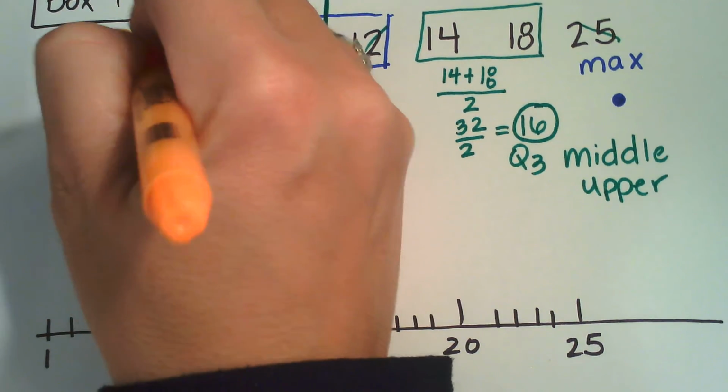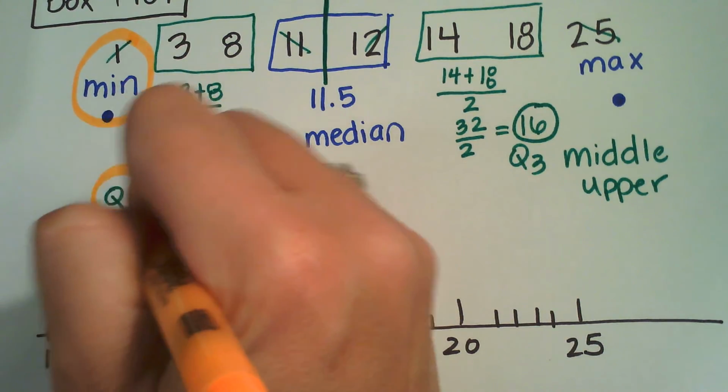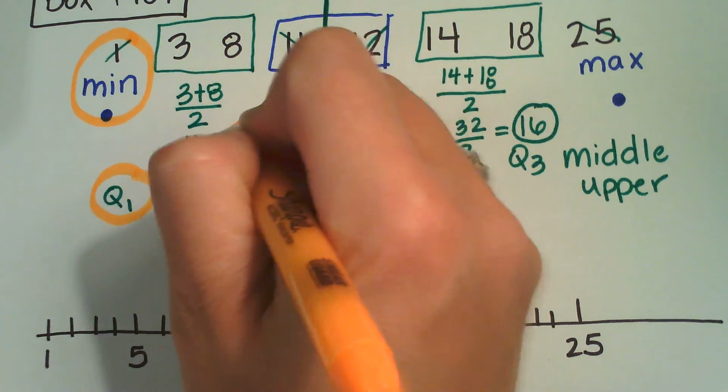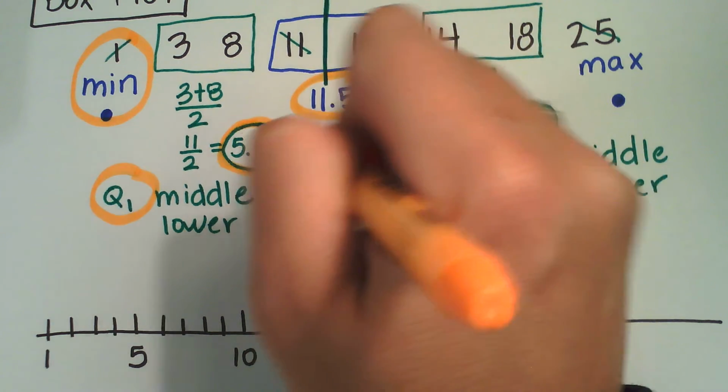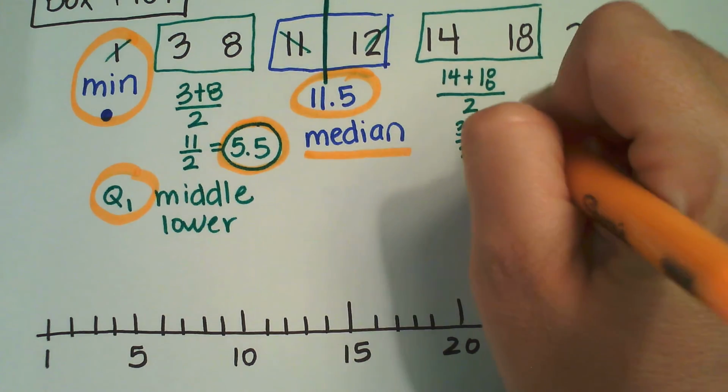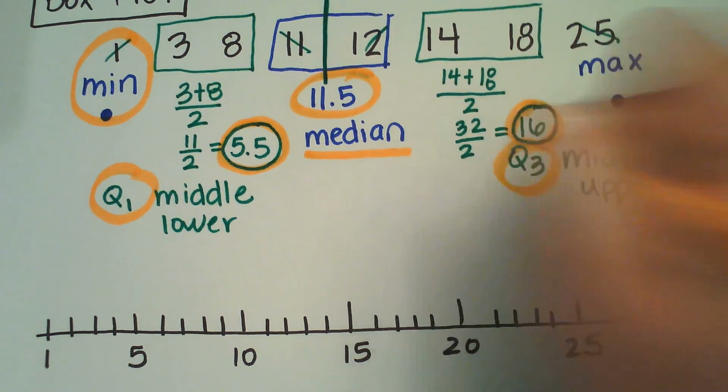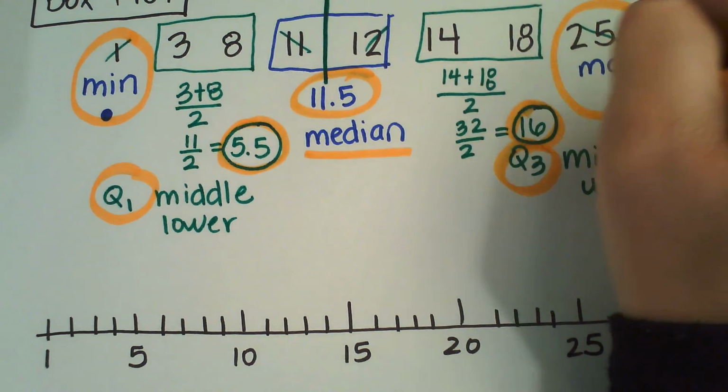Minimum, I need the Q1, which we found is 5.5. I need the median and the Q3, which we found was 16, and I need the max.